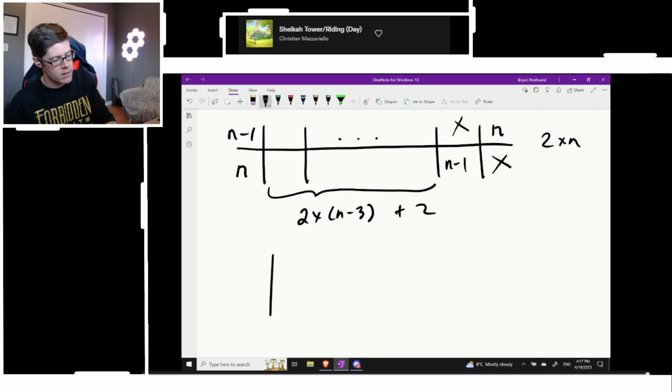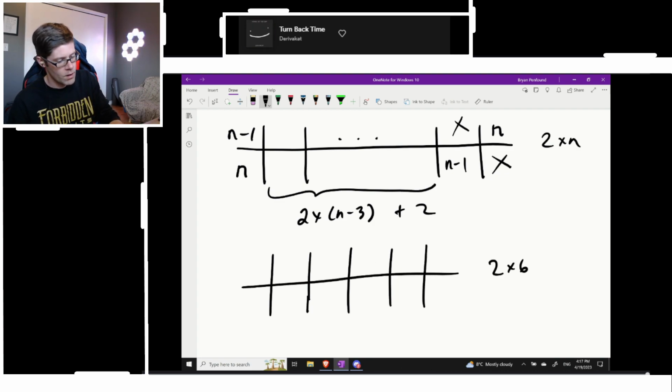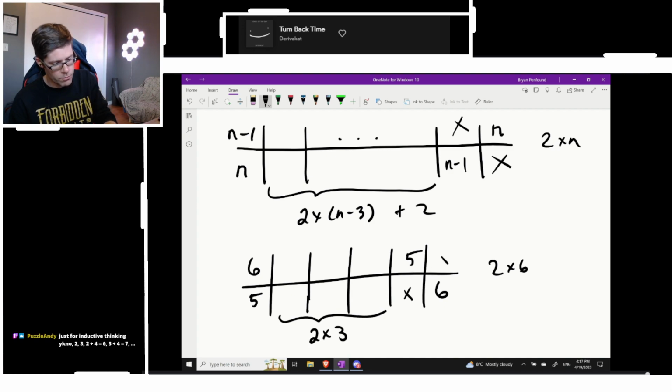So if we're working in, say, a 2 by... need to make sure I have a big enough grid. This is 1, 2, 3, 4, 5, 6. This is a 2 by 6. As soon as we put the 6s in and the 5s in, we're left with a 2 by 3 plus 2.